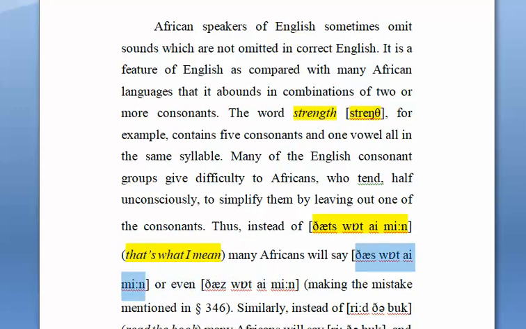They drop the t here. Compare the two pronunciations. Instead of "that's", they say "that's what I mean", or even "that's what I mean". What happens here is a kind of dropping of the sound, which does not occur in original English, but this is African speakers' use of this type of pronunciation.